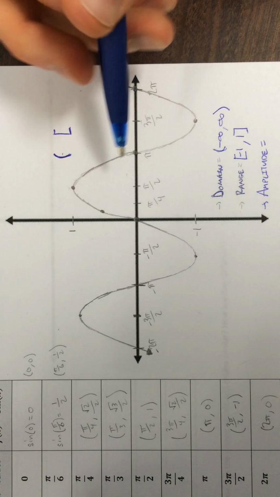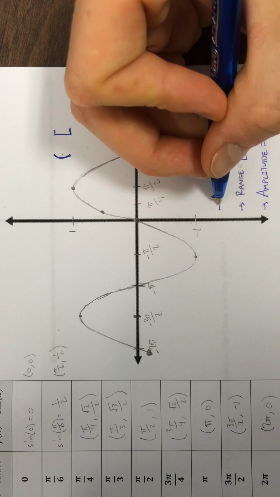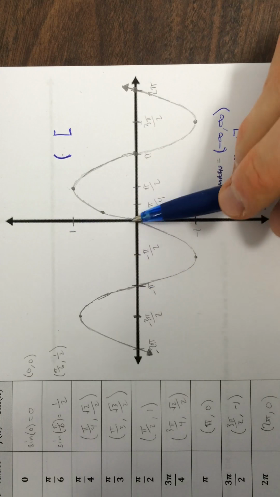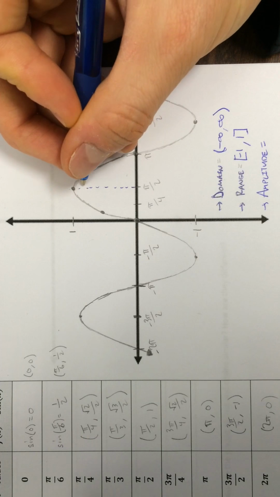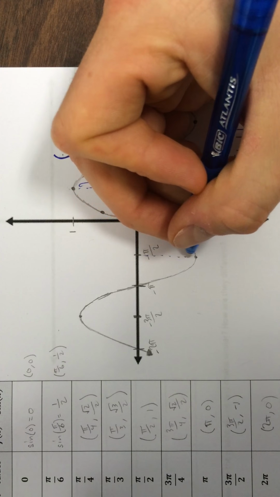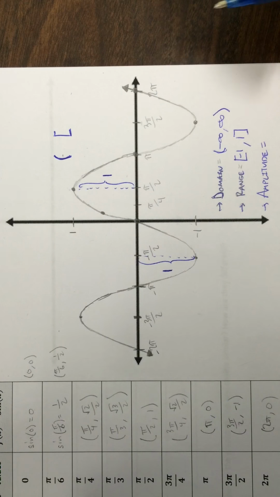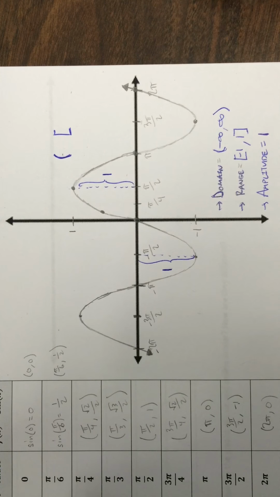An amplitude is the distance from the middle of our graph to the top, or the distance from the middle to the bottom. So this distance here would be 1. This distance here, you might say -1, but we're talking about distance, so that's still 1. So our amplitude here to measure the wave is going to be 1.